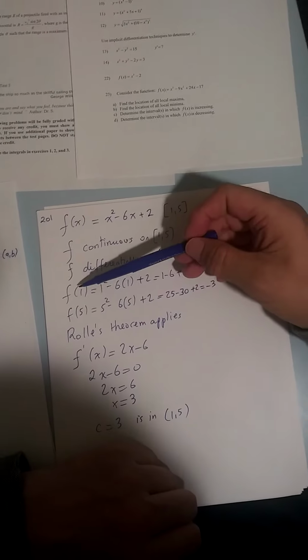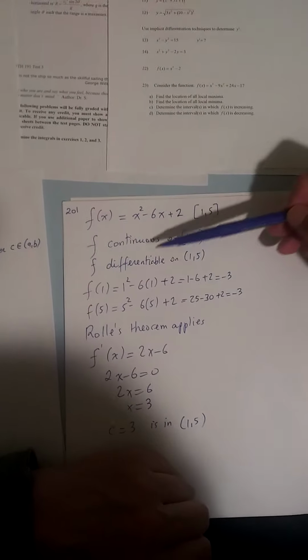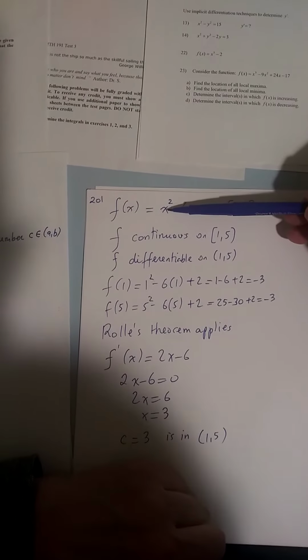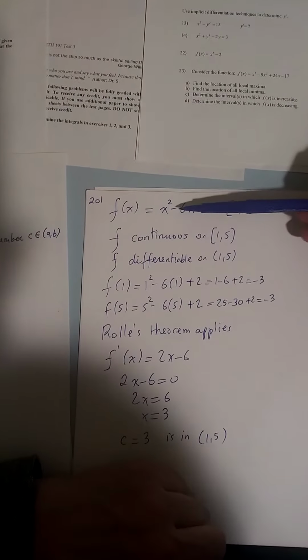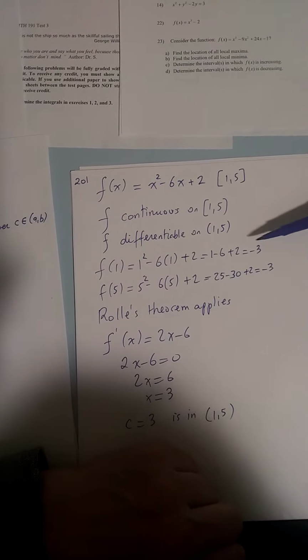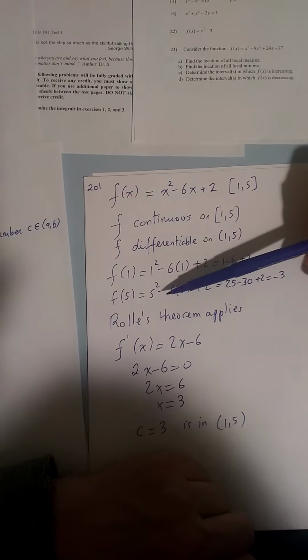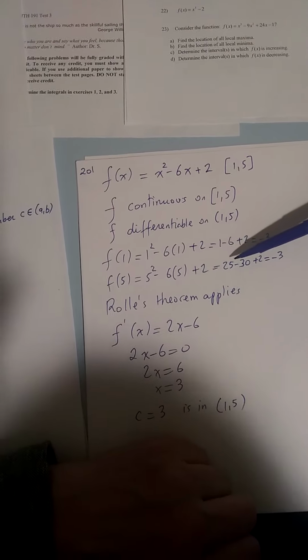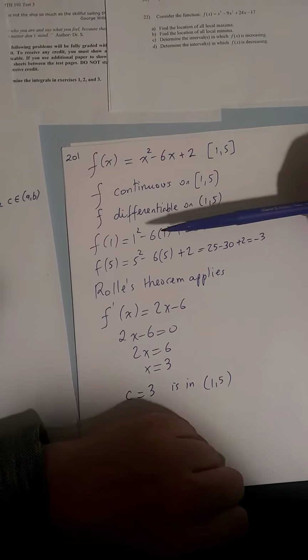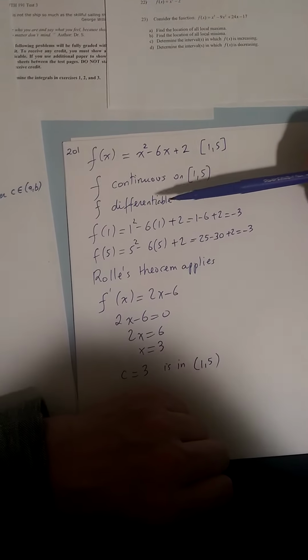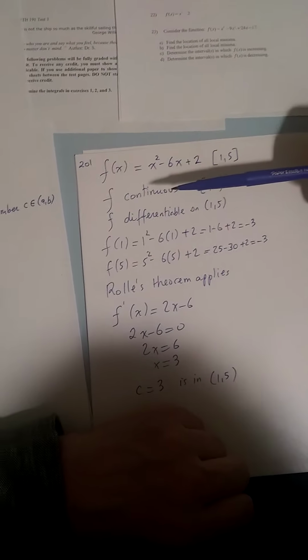And let's calculate f of 1 and f of 5. F of 1 is obtained by substituting 1 for x. So it's 1 squared minus 6 times 1 plus 2, which is equal to minus 3. F of 5 is 5 squared minus 6 times 5 plus 2, which is equal to minus 3. So f of 1 and f of 5 are equal. Therefore, the third hypothesis is satisfied.